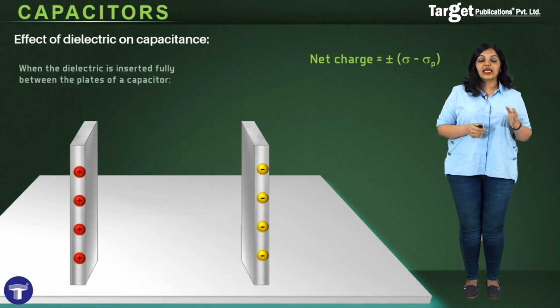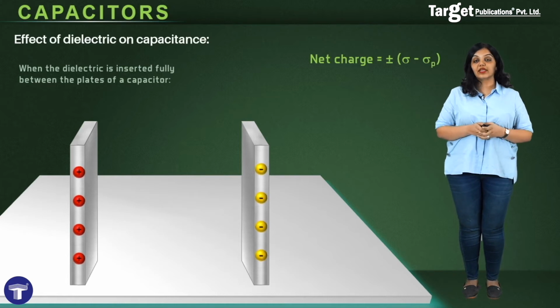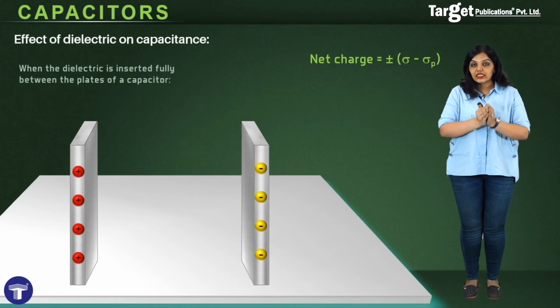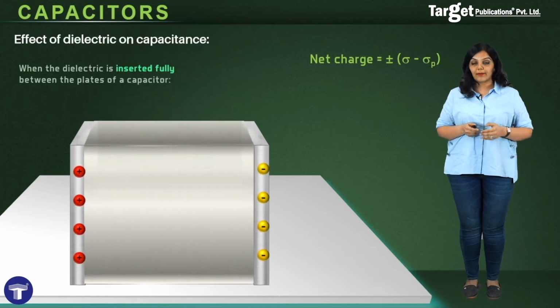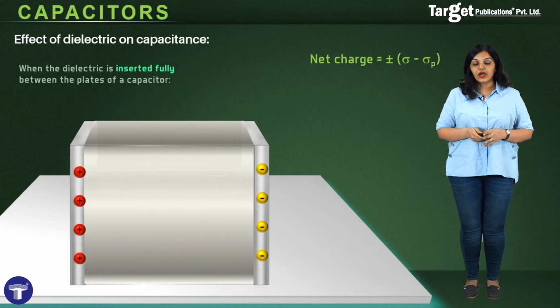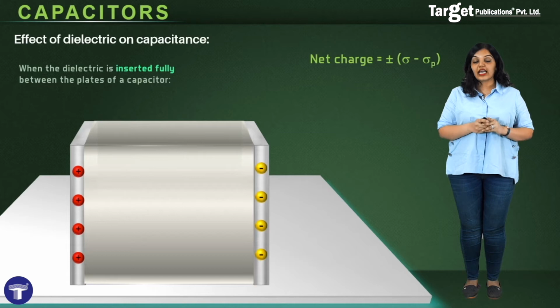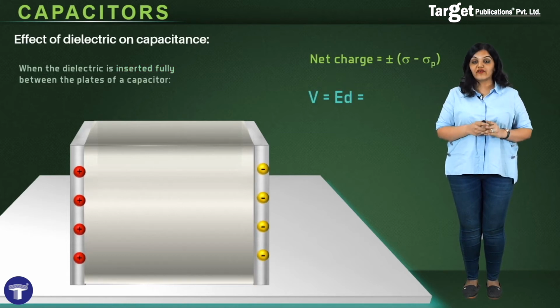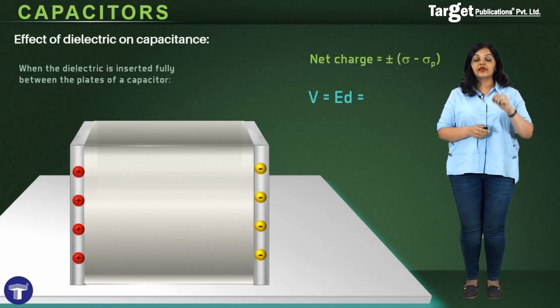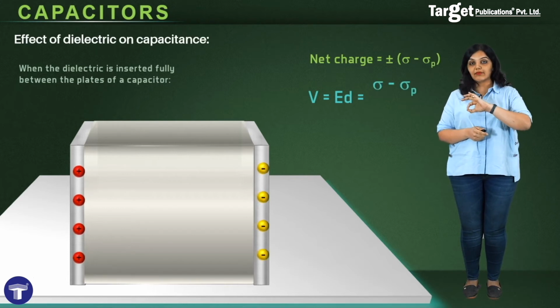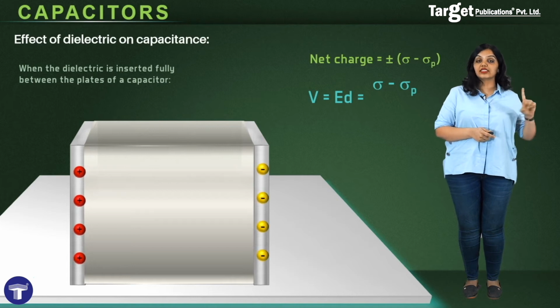Now what happens when the dielectric is inserted fully between the plates of a capacitor, that is, it covers the entire area from plate to plate? In such a case I can write down the value for the potential difference between the plates as follows. We already know that V is equal to E d in case of a uniform electric field, but now I will write E as the net charge divided by epsilon naught, and the net charge now is sigma minus sigma p and not sigma like it was in the case of the vacuum.